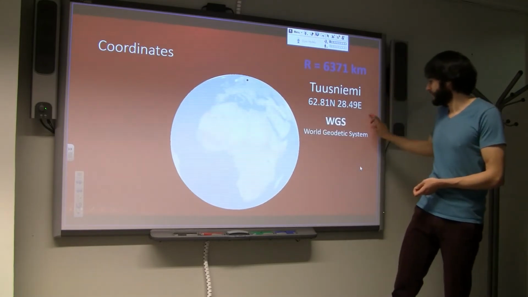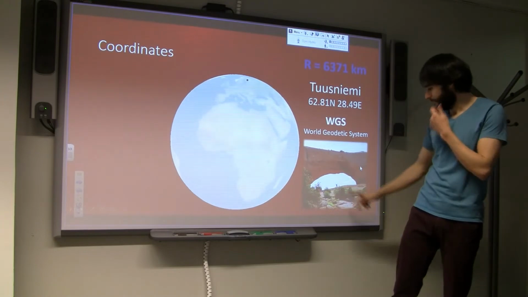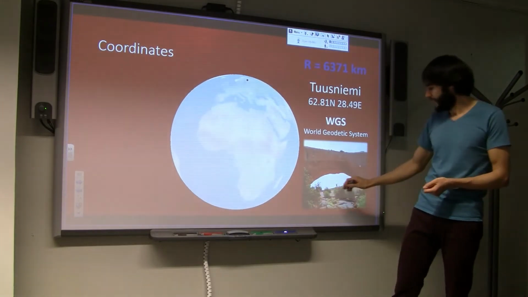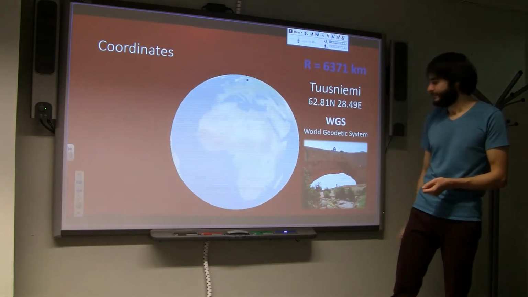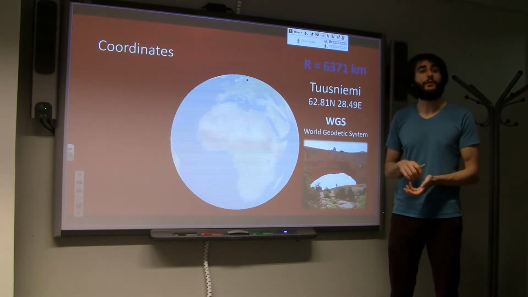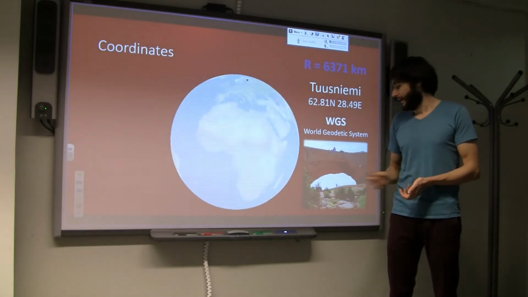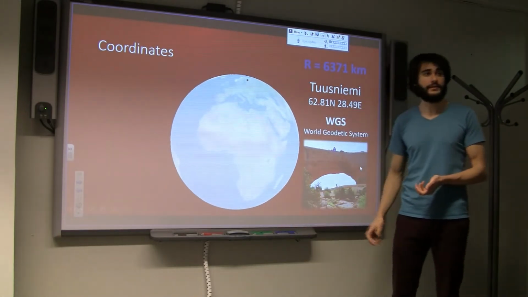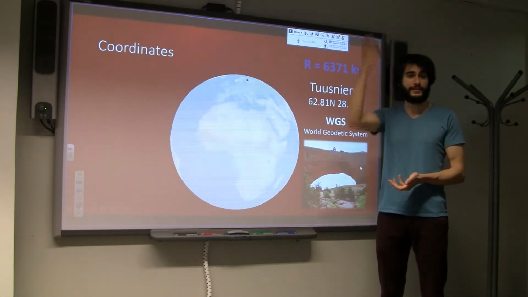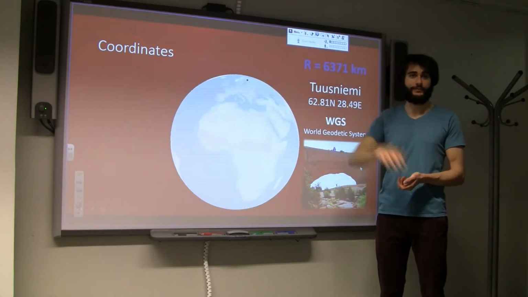So just as an example, I'm here, but if I would be here, I would have exactly the same coordinates, latitude and longitude. And this applies for everything. This applies for the International Space Station, flying somewhere in space.